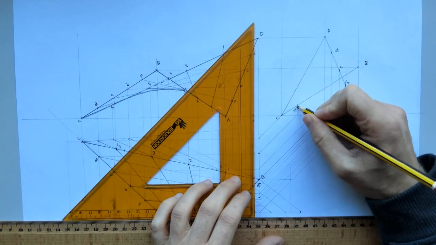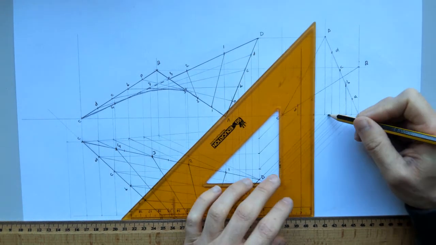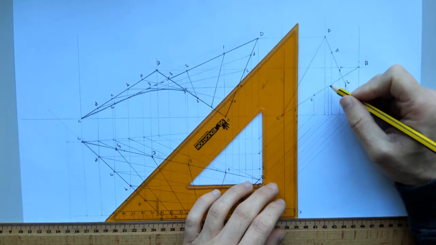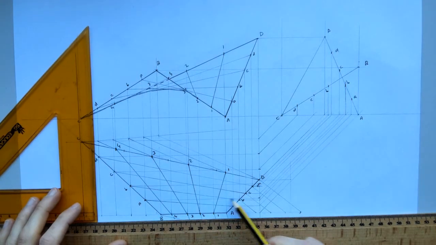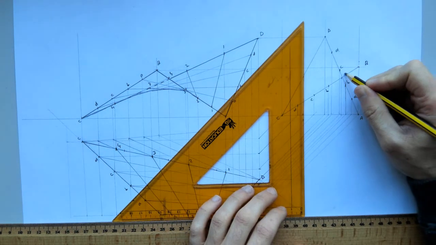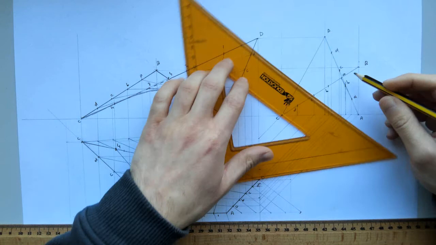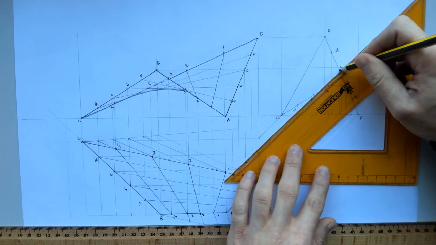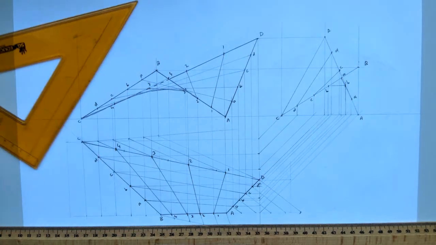So there's D, C, making sure I take the right one up, B, and finally A should be this one here. And now I connect them together. So A will connect to there, B connects to B here, C connects to C there, and D connects to D there.